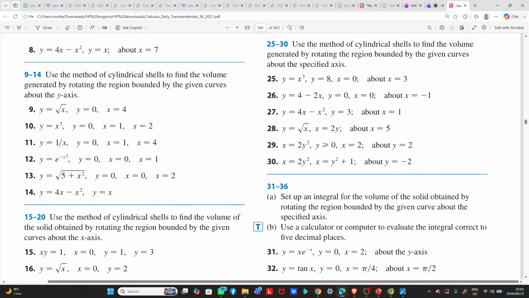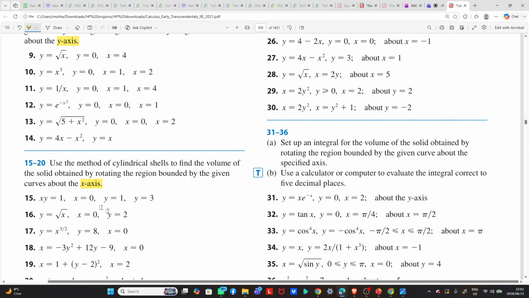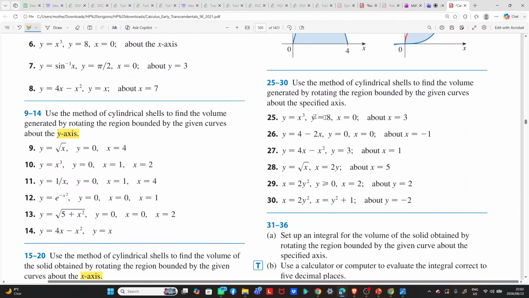Let's start with ones where we are revolving about a specific axis. From 9 to 14 we are revolving about the y-axis, and from 15 to 20 we'll be revolving about the x-axis. Maybe I can do one from here and one from there, then about the horizontal lines.